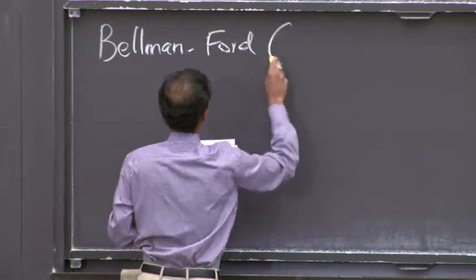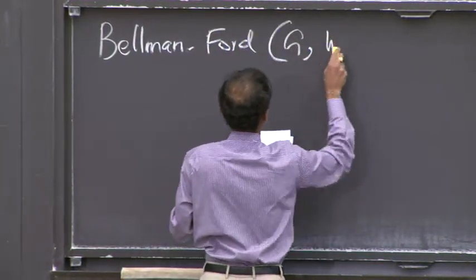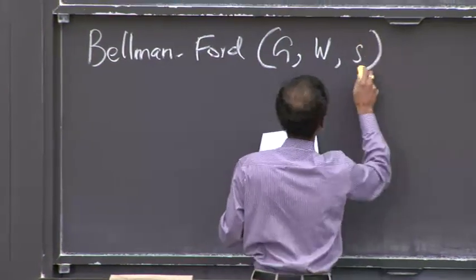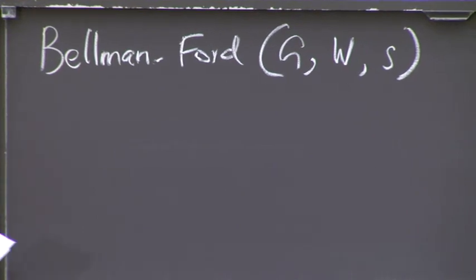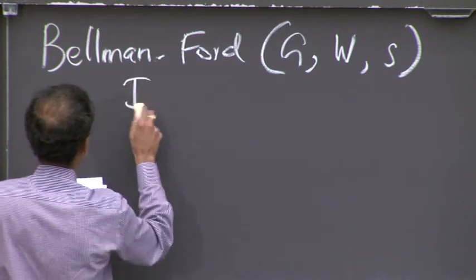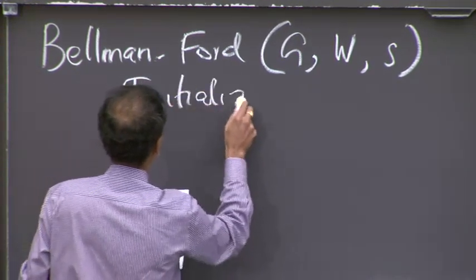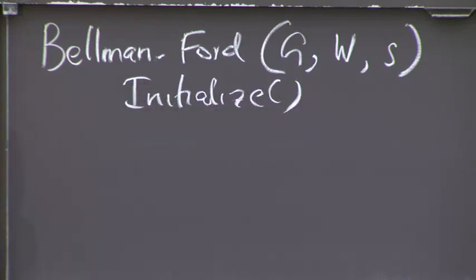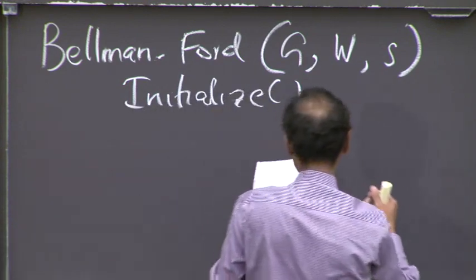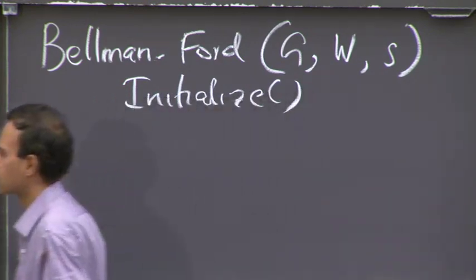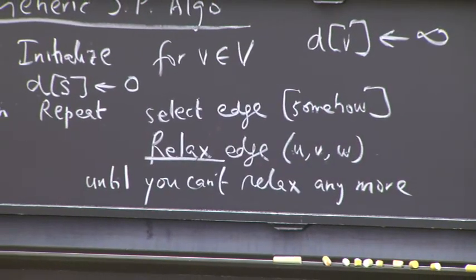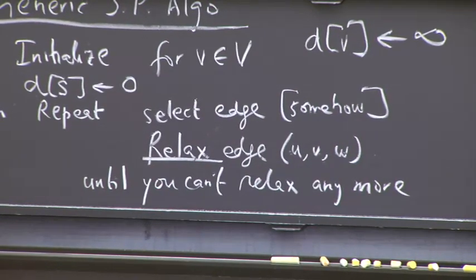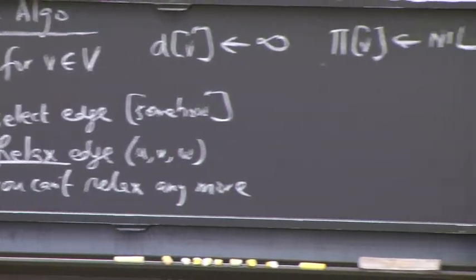So Bellman-Ford takes a graph, weights, and a source S. And you can assume an adjacency list specification, or representation, of the graph. And we'll do some initialization. It's exactly the same as in the generic case. Set the d values. We'll still be looking at the d values and talking about the relaxation operation. So we do an initialization.